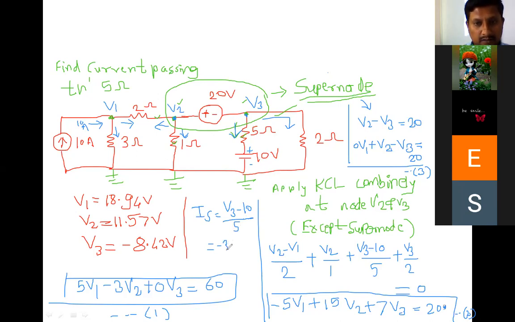Minus 3.684. Yes. So minus 3.684 ampere. So this will be the answer of I5, that is the current passing through 5 ohm resistor.